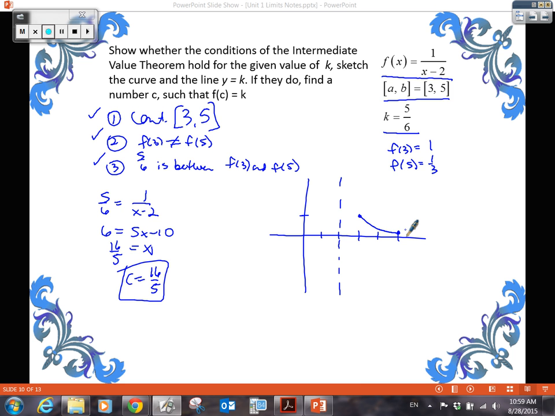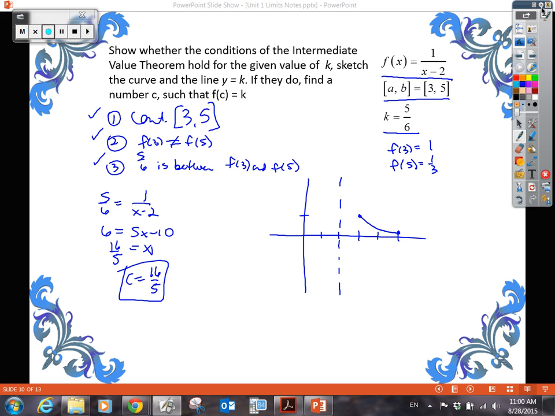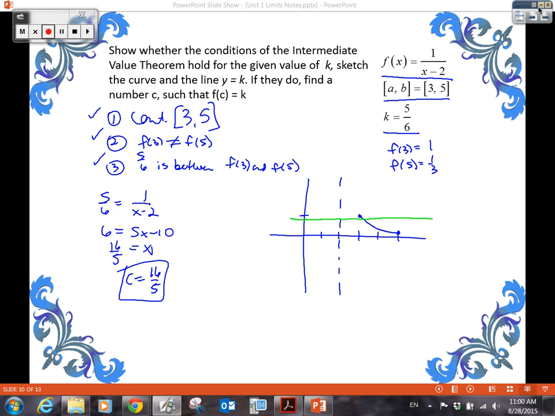And we're supposed to graph the line y equals k, or y equals 5/6. So let's do that. 5/6 is a little less than 1. And there's our graph. What this is supposed to signify is where the c value is, and that there's just one.